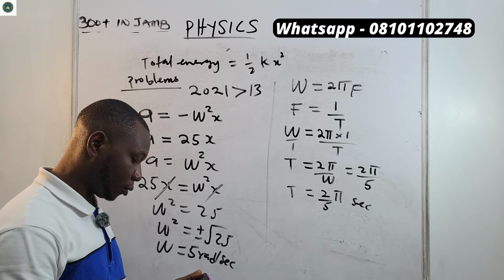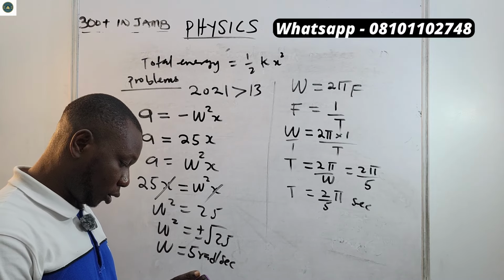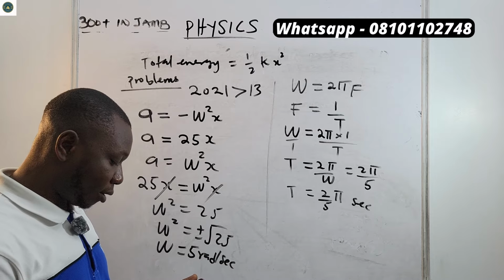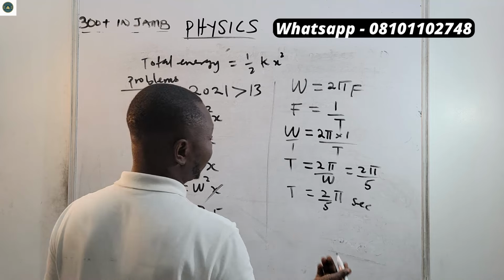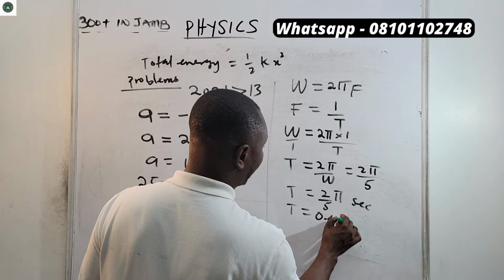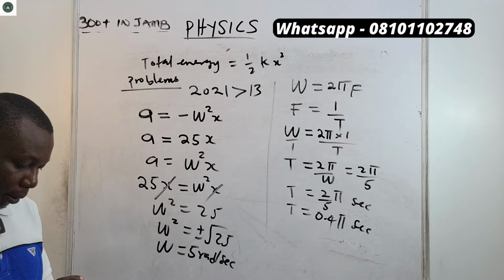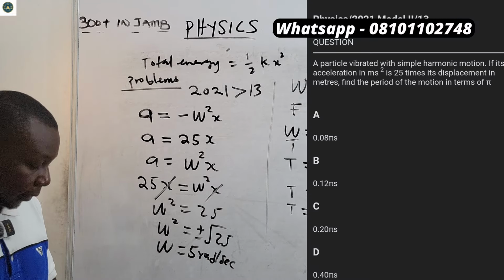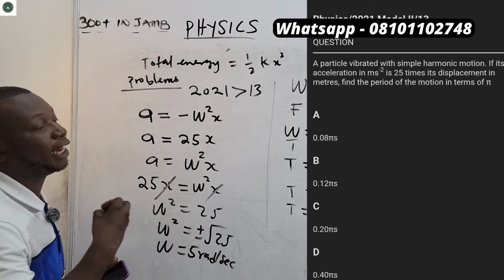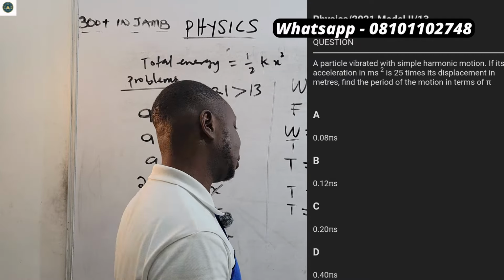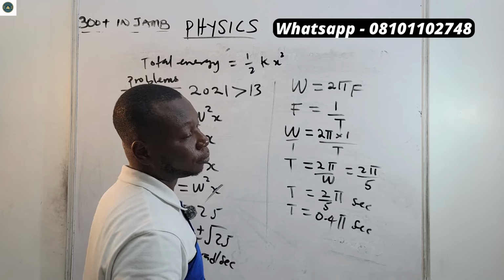So let's see the options. 2 pi over 5: 2 over 5 is 0.4, so T is 0.4 pi seconds. The option there is D. So what you need to do is know the relationship between these parameters, majorly between frequency and period.